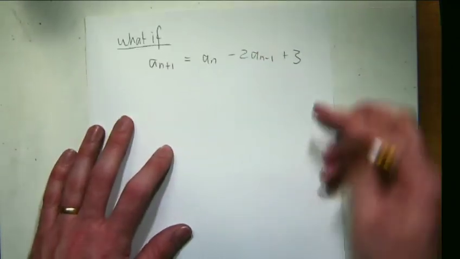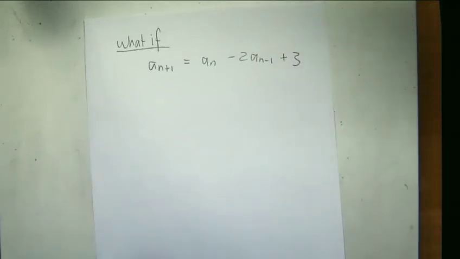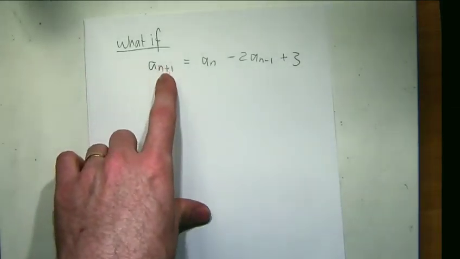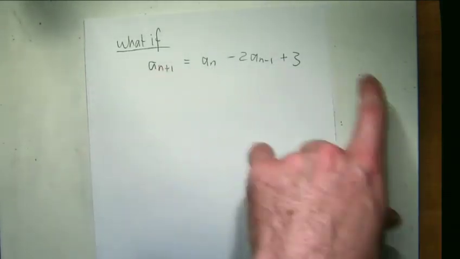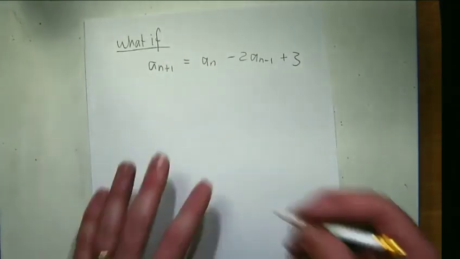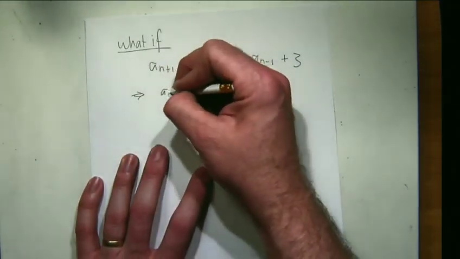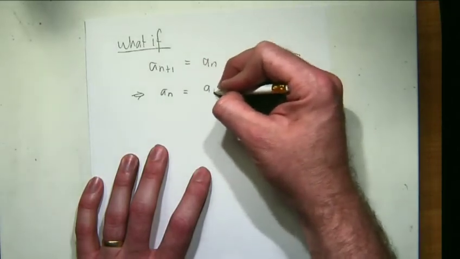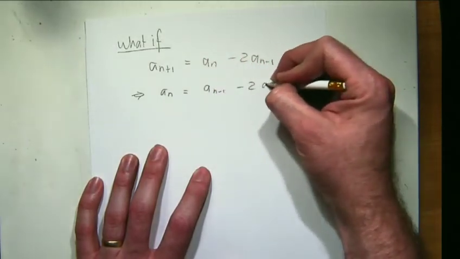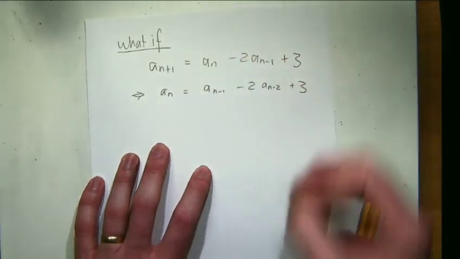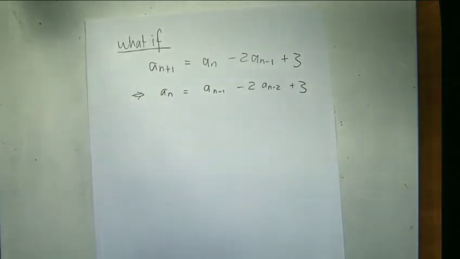No, you don't have to treat it any differently. I would just convert it. I would go, all right, well, I'll just sub in n minus 1 into everything, and everything will go down a power. So that's the same as a_n equals a_{n-1} minus 2 a_{n-2}. And then I'll start from there. That's what I would do. It's the simplest way. But you don't technically have to treat it any differently.